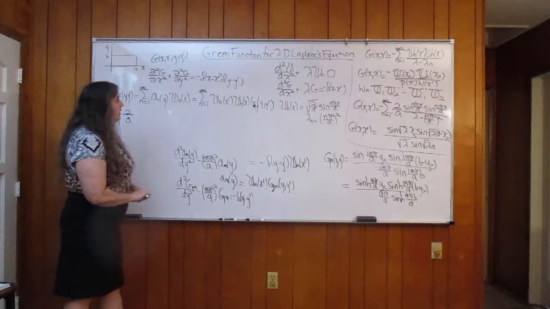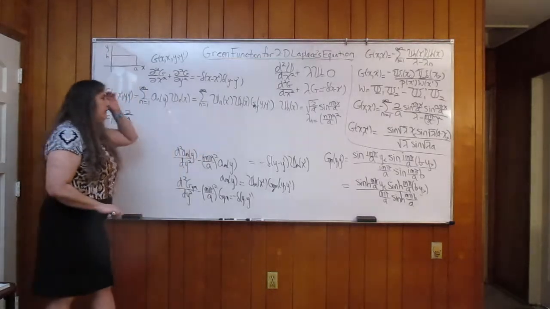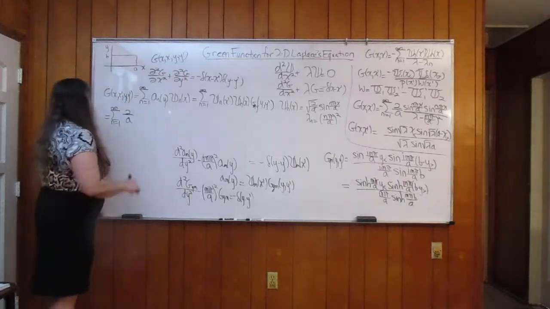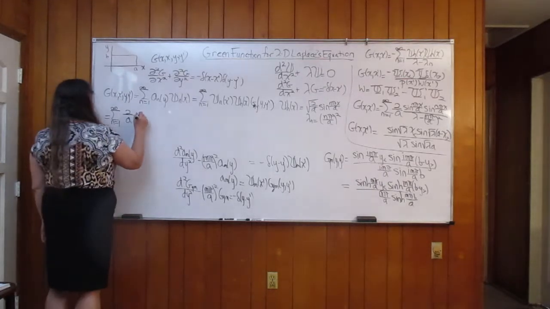And because each of the eigenfunctions has a factor of square root of 2 over a, that's just going to be 2 over a.